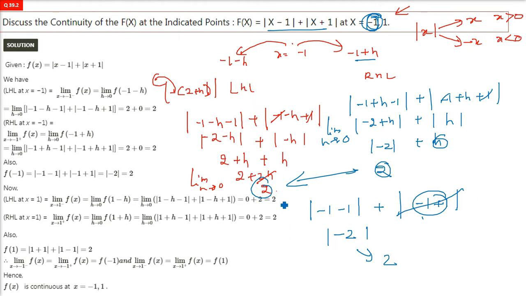So 2, 2, 2. The left hand limit, the right hand limit, and the value of the function at -1 are all 2. So you can safely say that it is continuous at x equals -1. Now I want you to do x equals 1, and I hope you'll be able to do it. It is done the same way.